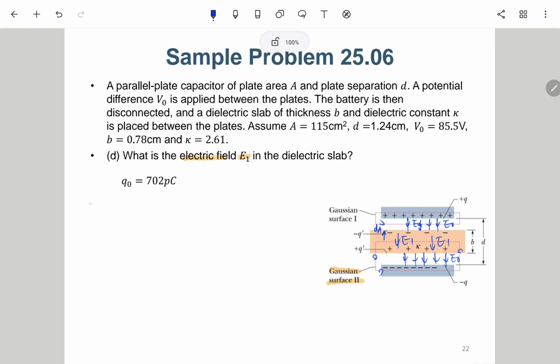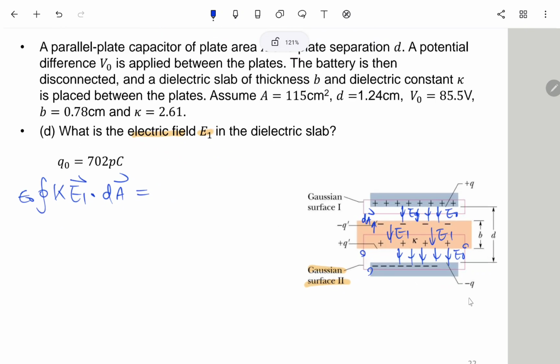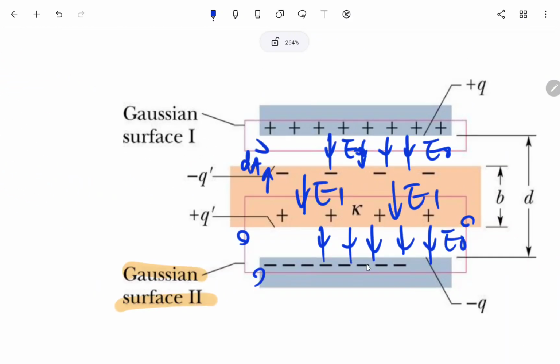So let's see. If we apply Gauss's law for Gaussian surface 2, we have epsilon naught integration of kappa, because we have dielectric here, kappa E1 dot dA equals, here it actually only encloses this negative Q. This is the induced charge.